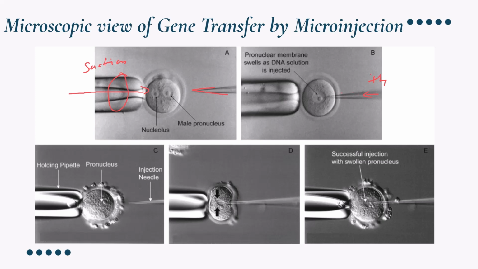The genetic material gets transferred into the cells. Okay, so the genetic material gets transferred. Once the genetic material is transferred, you can see the morphology of the cells. See, first the cells were like this, but after the genetic material is transferred, the cells become a little swollen, right? So you can see that. And then after injection, the needle is pulled out very softly without breaking the cells.